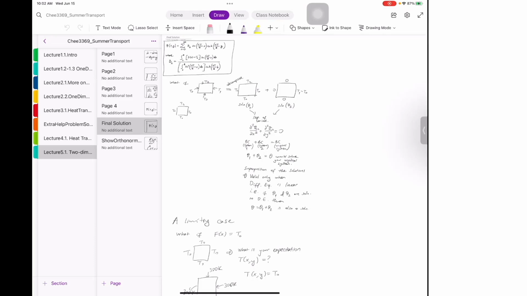We talked about two-dimensional steady-state problems. That was actually the most extreme case that we can go for a steady-state problem, a two-dimensional problem, where you have temperature varying along both x and y directions.